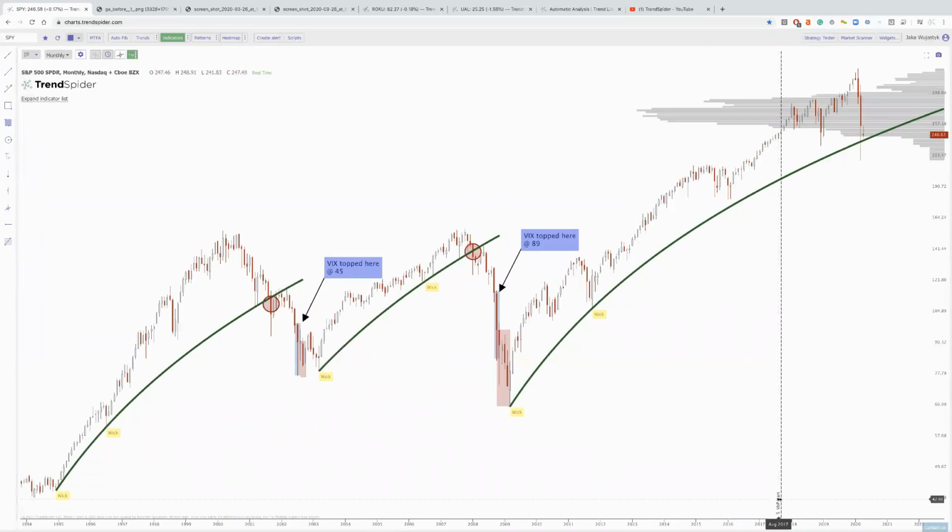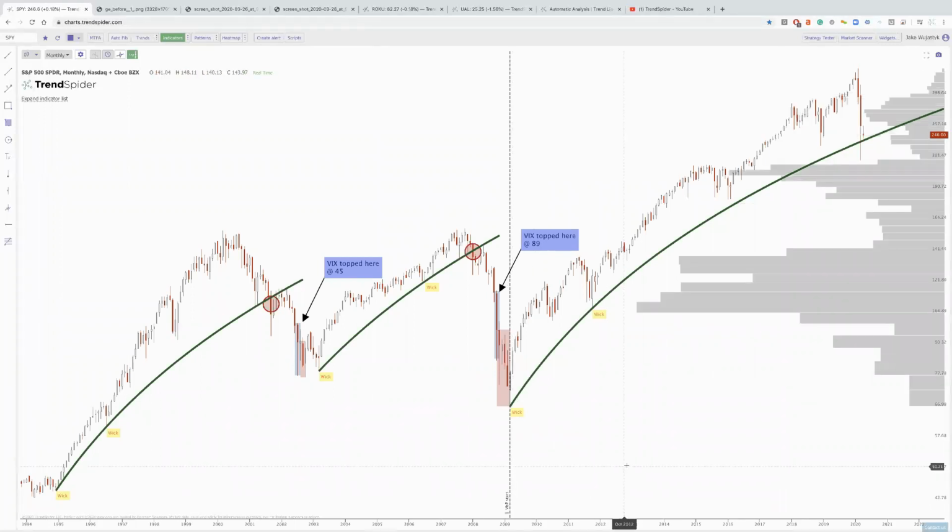This is SPY in the monthly chart, and I'm going to get a little off topic, but that's okay. Notice that if we anchor the volume profile, and generally you want to anchor the volume profile, or anchor anything, from a status quo point.